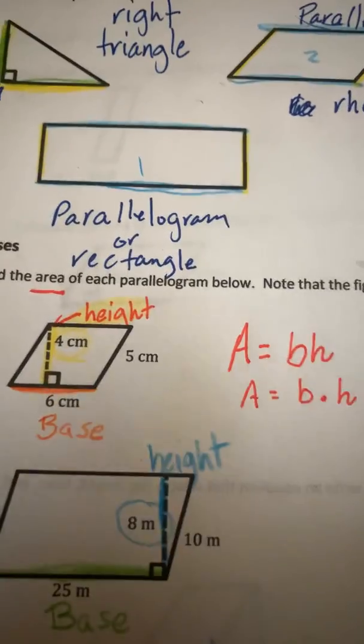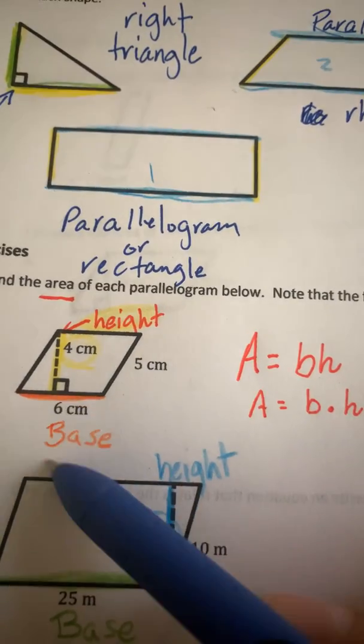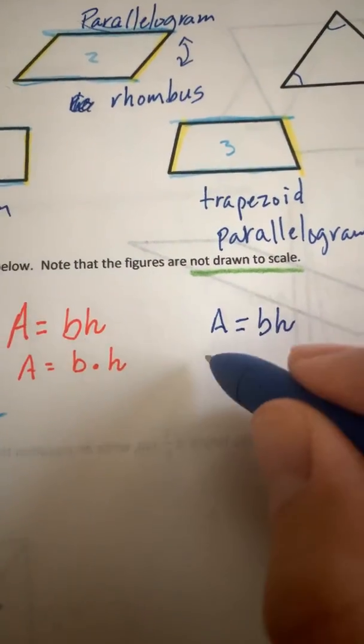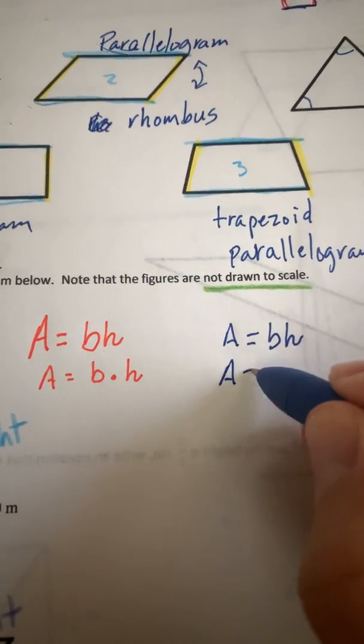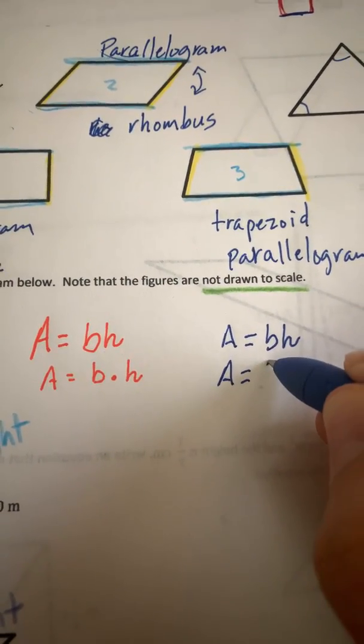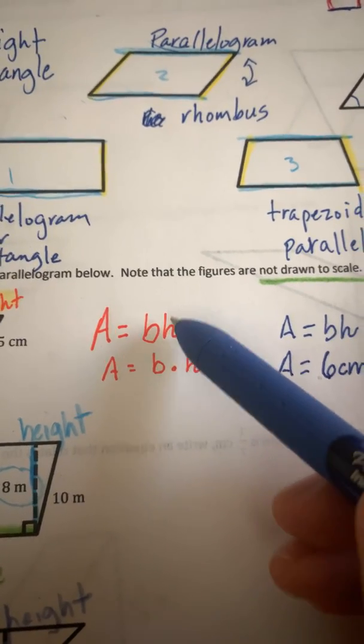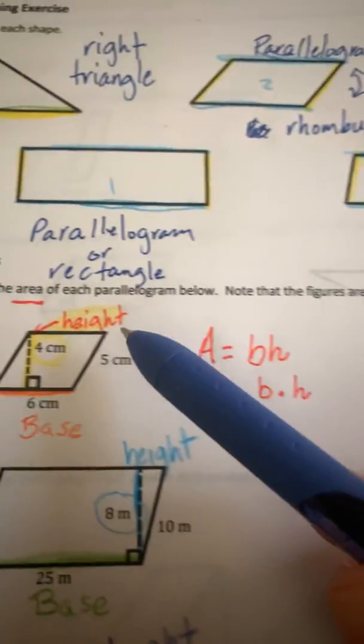Okay. I go back here and I look, and my base is what? 6 centimeters. So I'm gonna go in and plug in A equals, and my base we said is 6 centimeters. And my height, now we can plug in the A, we need to find the height, and the height is 4.